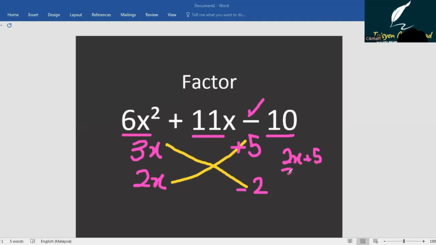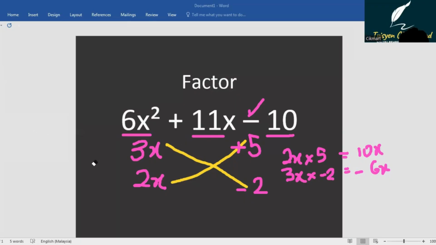And 3x times... 2x times 5, positive, and 2x times a negative 2. So what you get here is 10x, and this one is negative 6x, which doesn't come to anything like 11x. So the combination is not right.